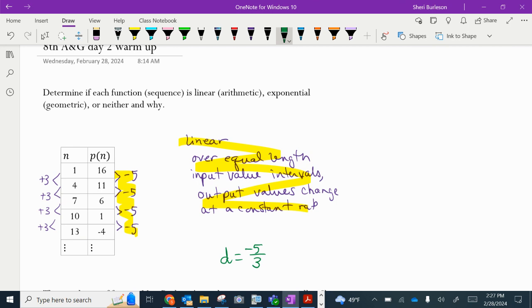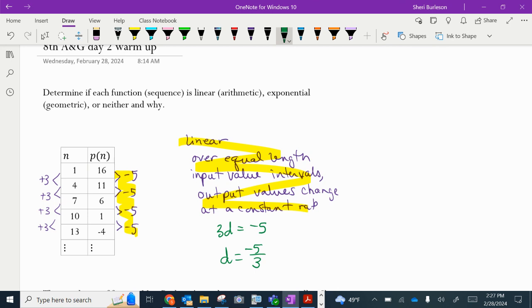But we can also think of it this way. We went common difference plus common difference plus common difference, didn't we? It took 3 common differences to get a change of negative 5. And if I think about it that way, don't I also get that common difference is negative 5/3?